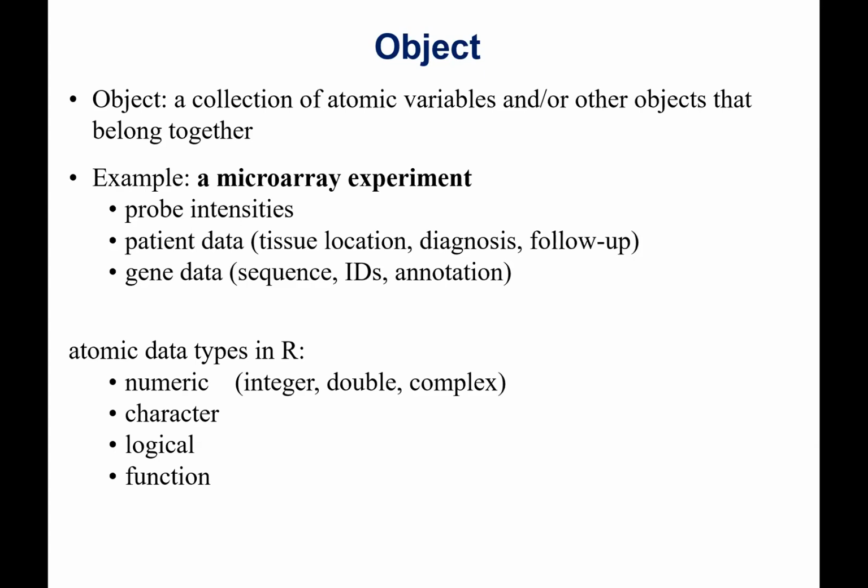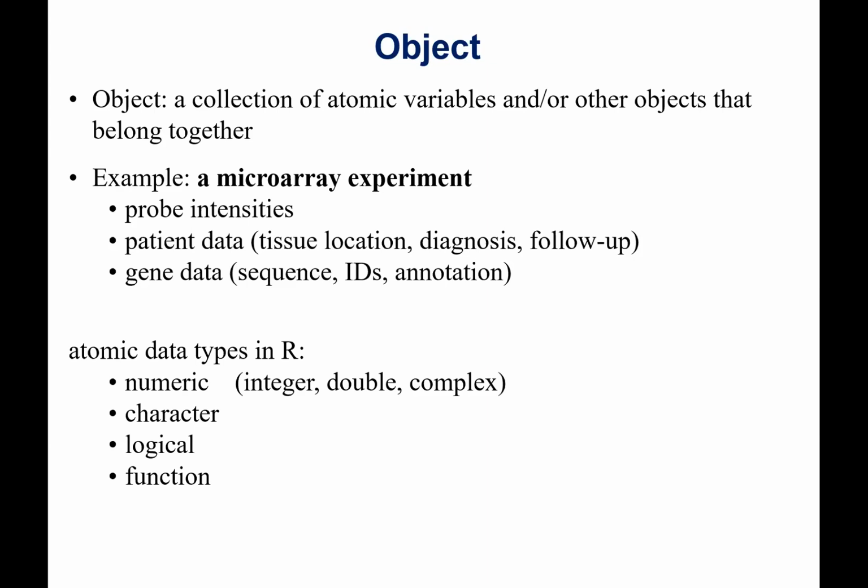For example, in a microarray experiment, we have the probe intensity. We also have data collected from patients, like tissues, diagnosis, and follow-up. Then we have our gene data, like sequence ID and annotations. These variables we usually put in a matrix.